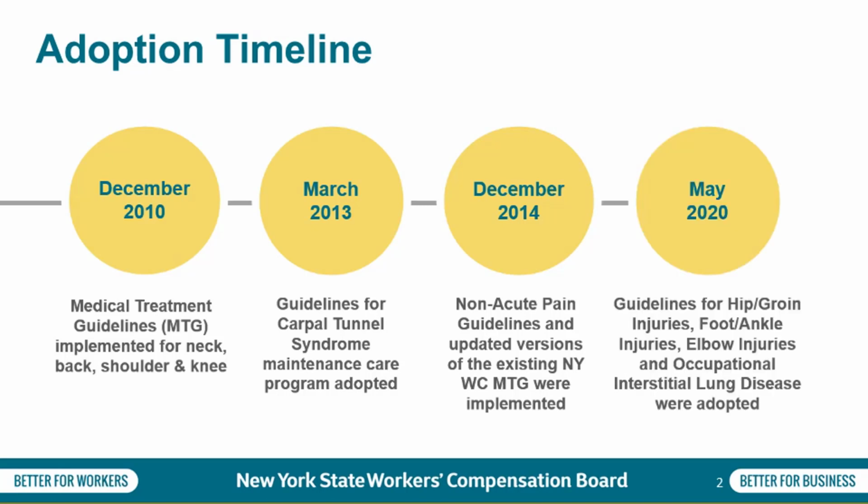On May 20, 2020, the guidelines for hip and groin injuries, foot and ankle injuries, elbow injuries, and occupational interstitial lung disease were adopted and will become effective with the implementation of OnBoard Limited Release.